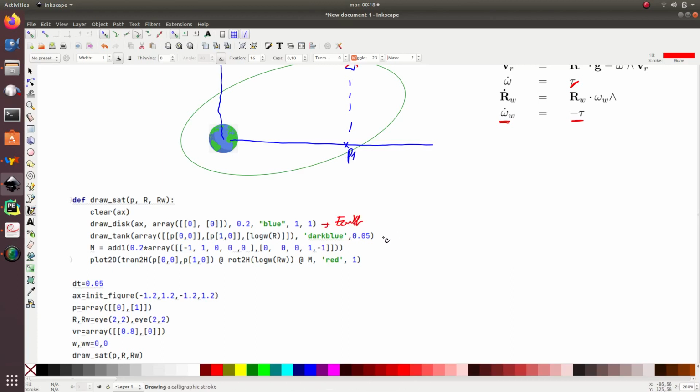Here I draw some kind of robot which has the shape of a triangle, and here I draw the inertial wheel. When I write log here, I mean that from the rotation matrix R or RW, I extract the corresponding angle.